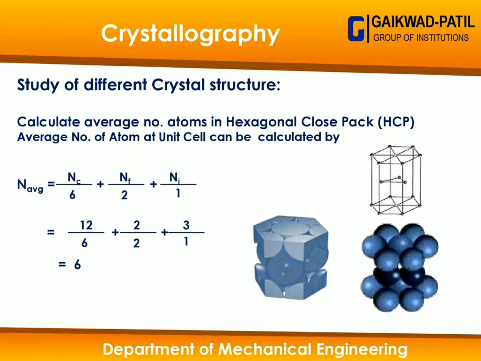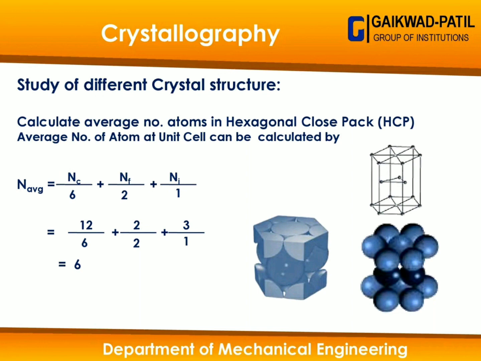N_avg means the average number of atoms occupied inside a unit cell. Nc is the number of atoms at the corners of the hexagonal closed pack crystal structure. Nf means the number of atoms at the faces, and Ni means the interior or inside atoms of the hexagonal crystal structure.